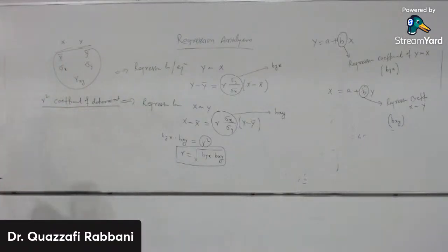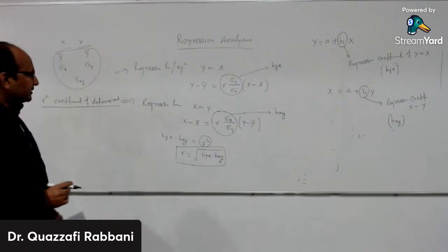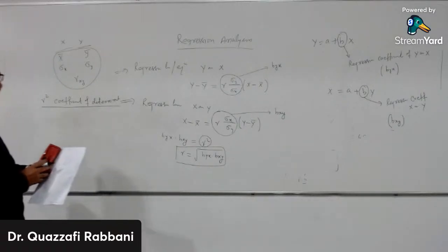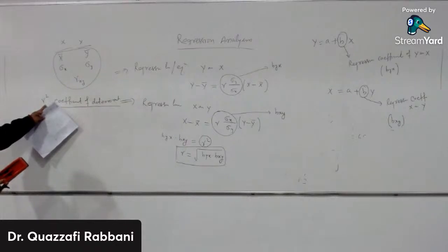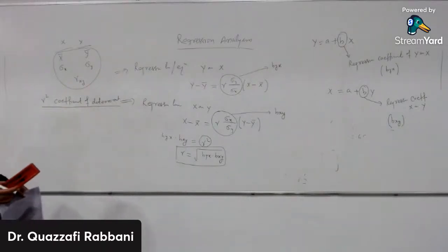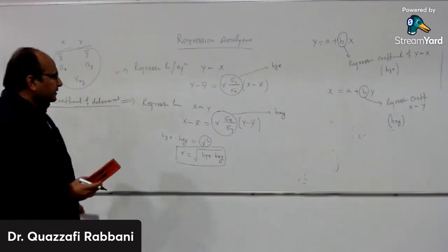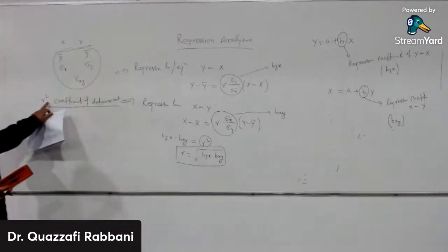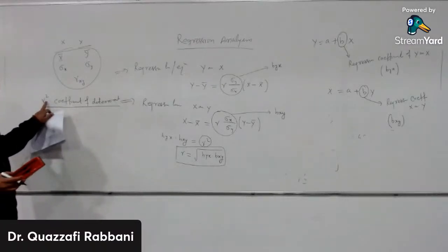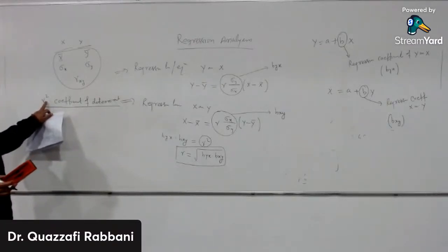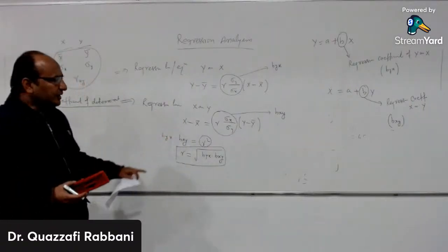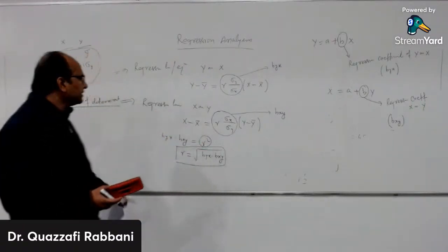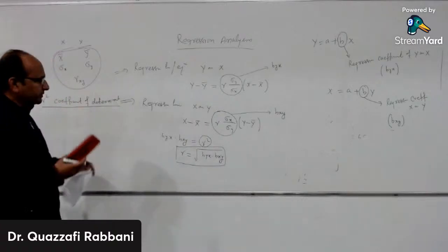What does it mean? R square is a quantity taken in percentage or fraction. It shows the total variation. This fraction shows how much of the total variation in the dependent variable is due to the independent variable. That is the coefficient of determination.